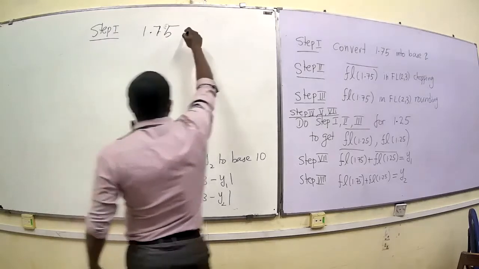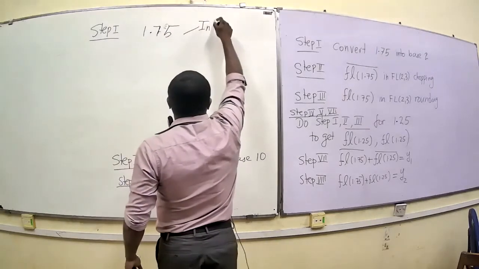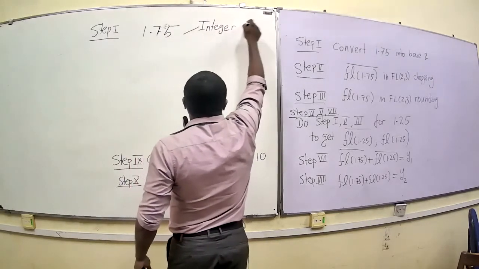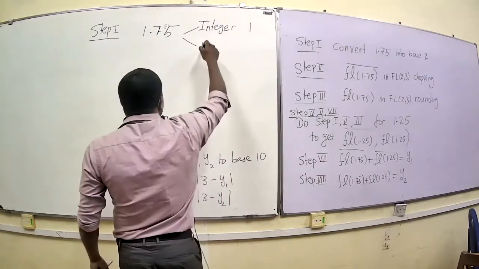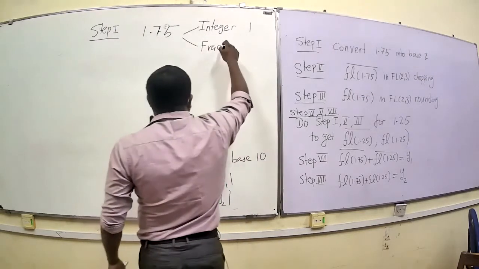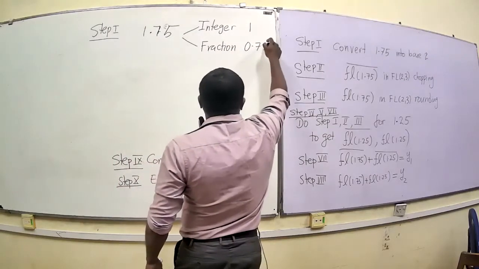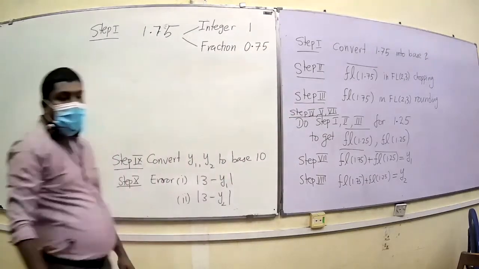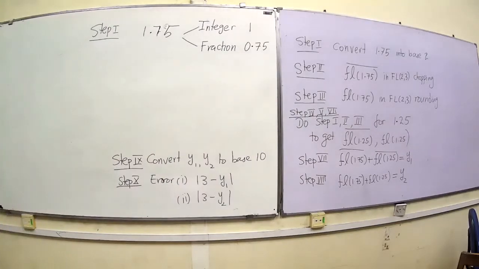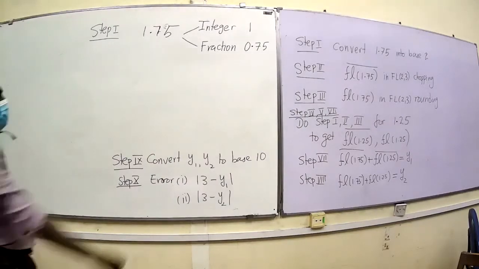So here you have integer part 1, fraction part 0.75. Both you have to convert to base 2, right?